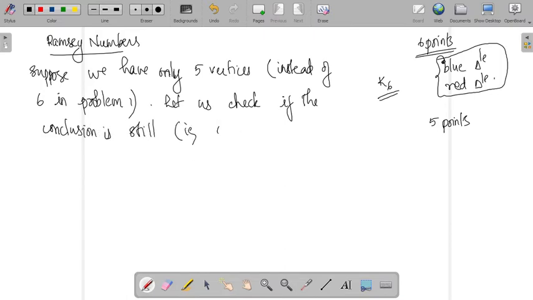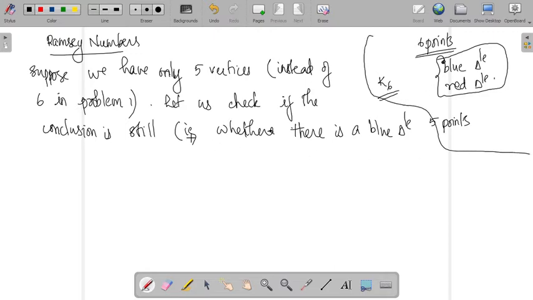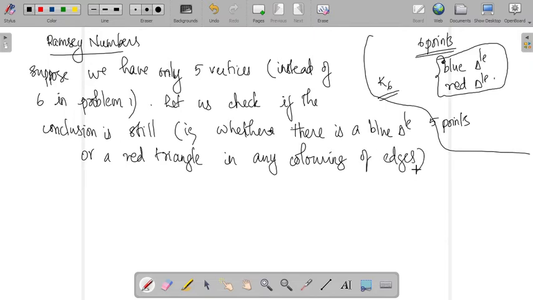That is, whether there is a blue triangle or a red triangle in any coloring of edges. So this is what we will check.